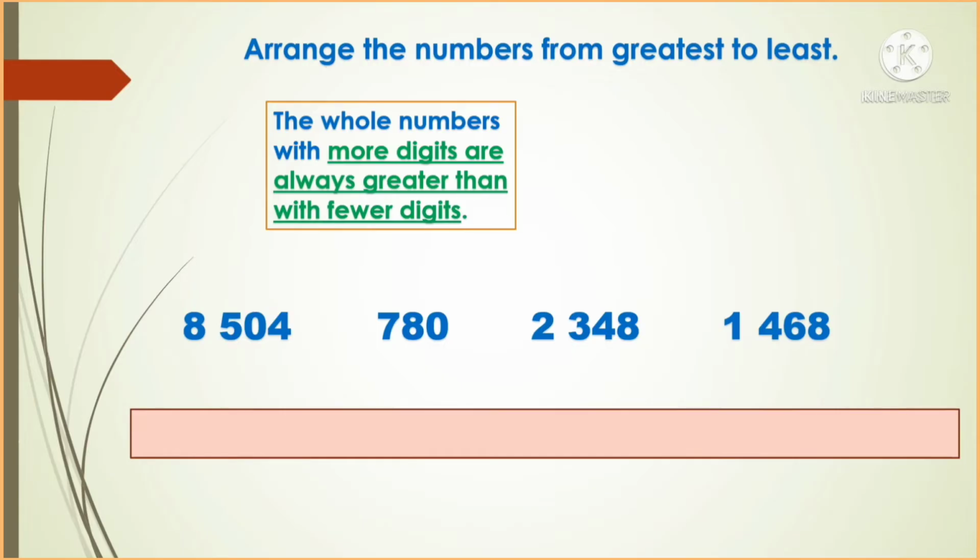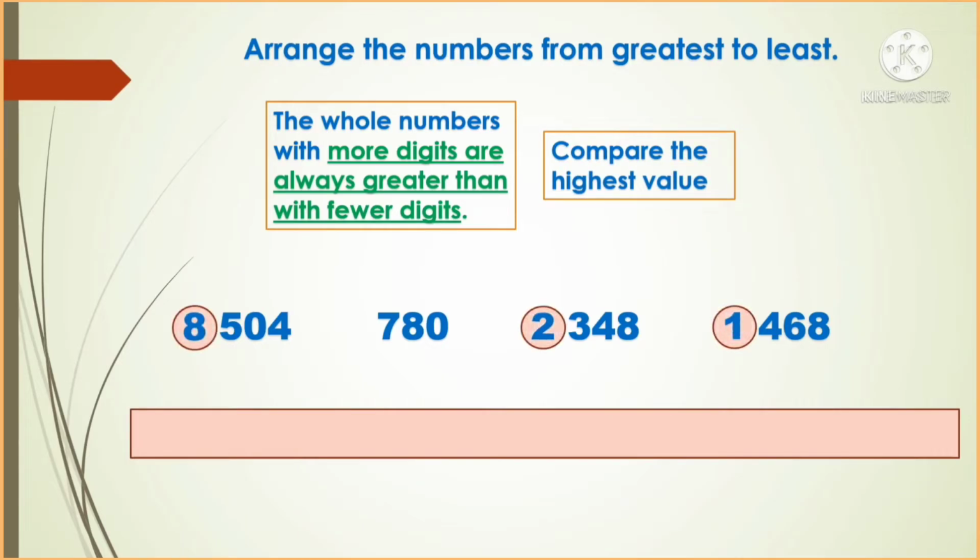So, let's compare the highest value, which is 8, 2, and 1. So, kung mapapansin mo, ang 8 ang may pinakamalaki ang value. Therefore, 8,504 is the greatest number. Kaya, i-cross out natin ito.